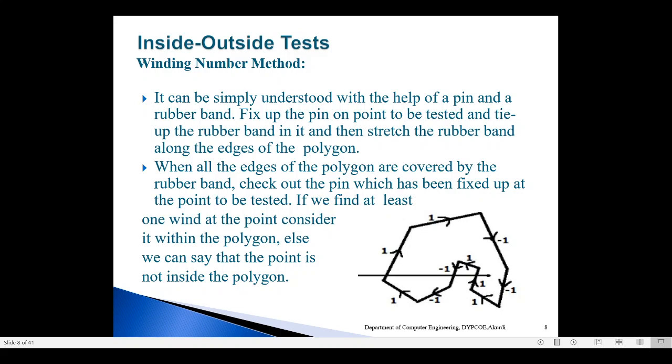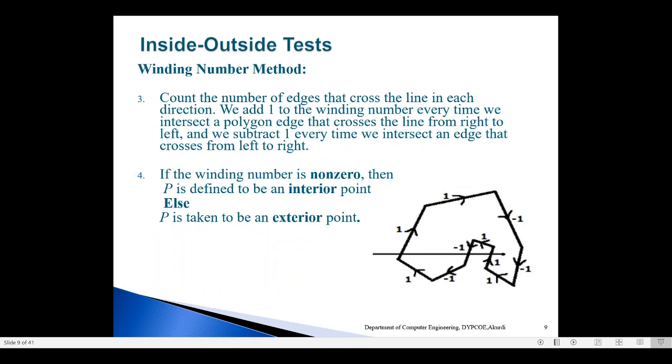So for implementation, how we can implement this? For implementation, we can add some weightage for every line. So how we can add this weightage? So one can be added to the edge when we are moving from right to left, and we'll add -1 when we are moving left to right. Or in simple case, what we can do, we can give the direction to this polygon.